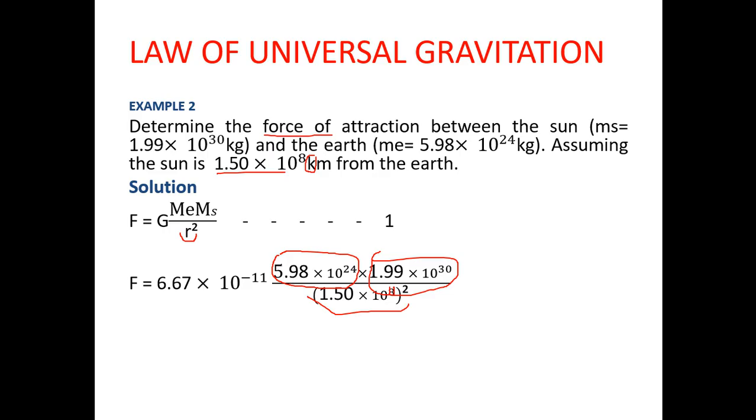Now, when you are clearing the bracket in the denominator, you square this 1.5. It's just like saying 1.50 times 1.50, and it will give you a value.